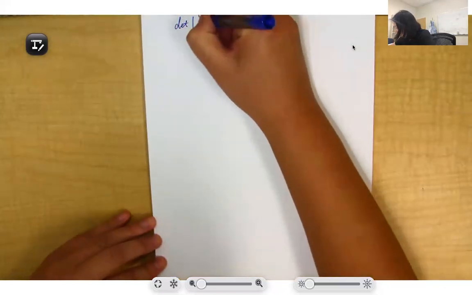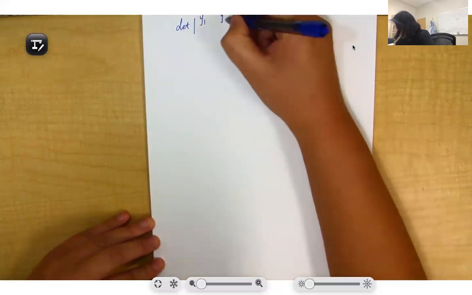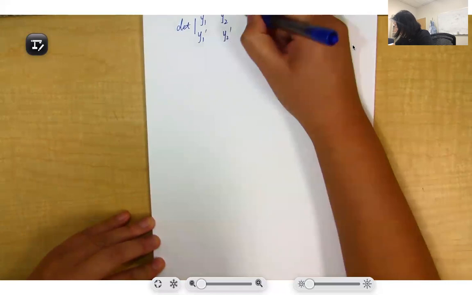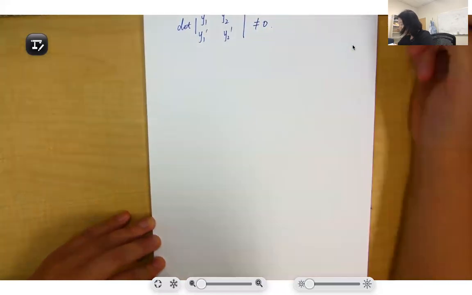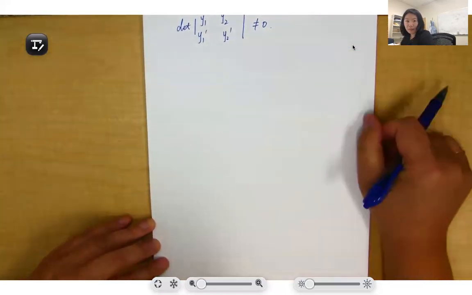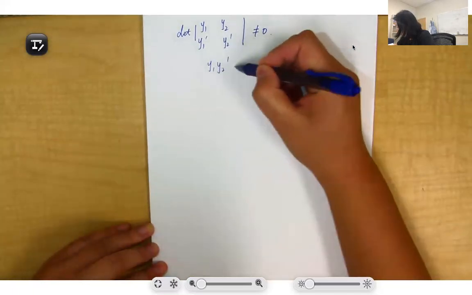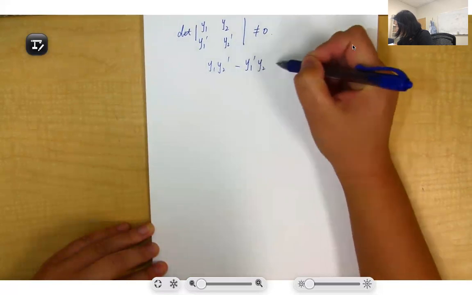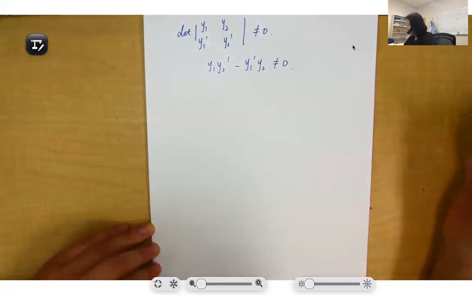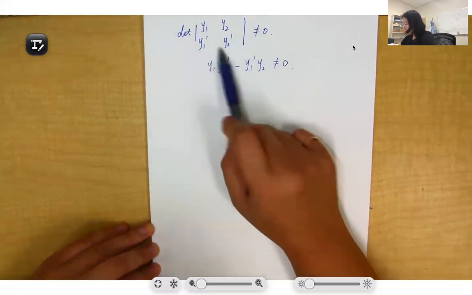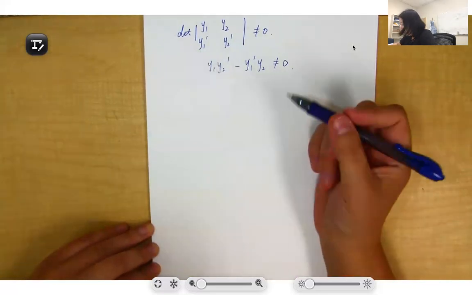So the determinant of y1, y2, y1 prime, y2 prime is non-zero. And in order to calculate the determinant, which is y1 y2 prime minus y1 prime y2, it is not 0. So this determinant has a particular name.